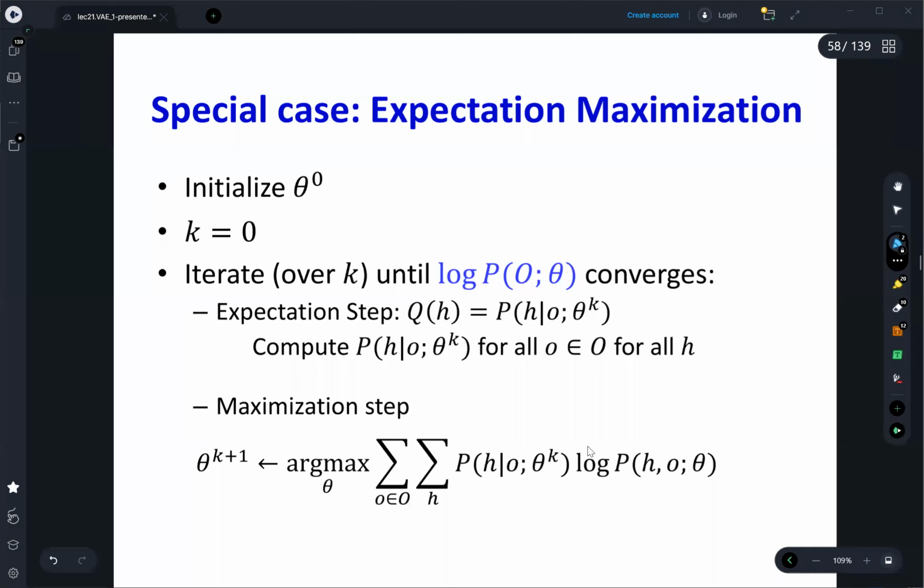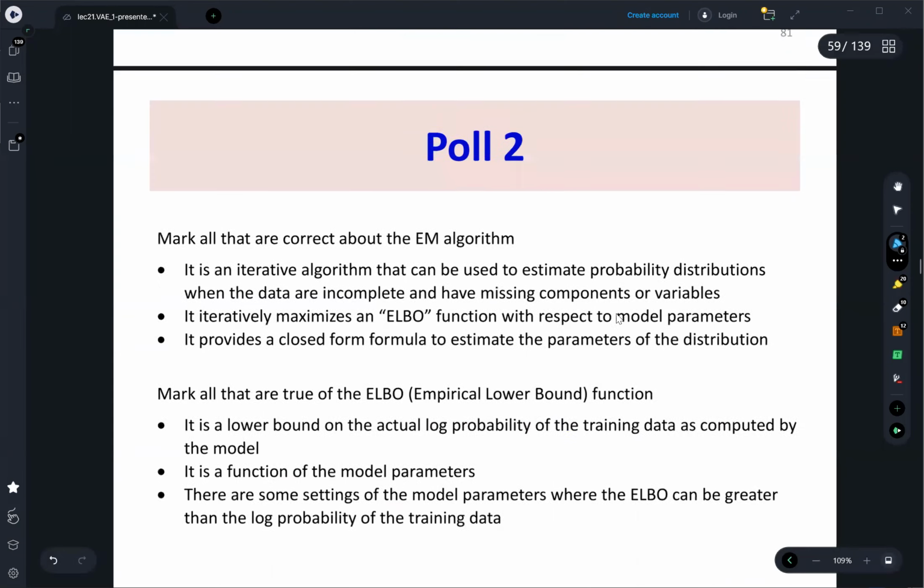Then I'm going to plug that in, and then maximize the convex combination of the joint probability of H and O using this particular value of Q of H to get the next estimate for theta. So this is the EM algorithm, which is the special case where Q of H is the conditional probability of H given O. And in the generic case, Q of H can be any other function, right?